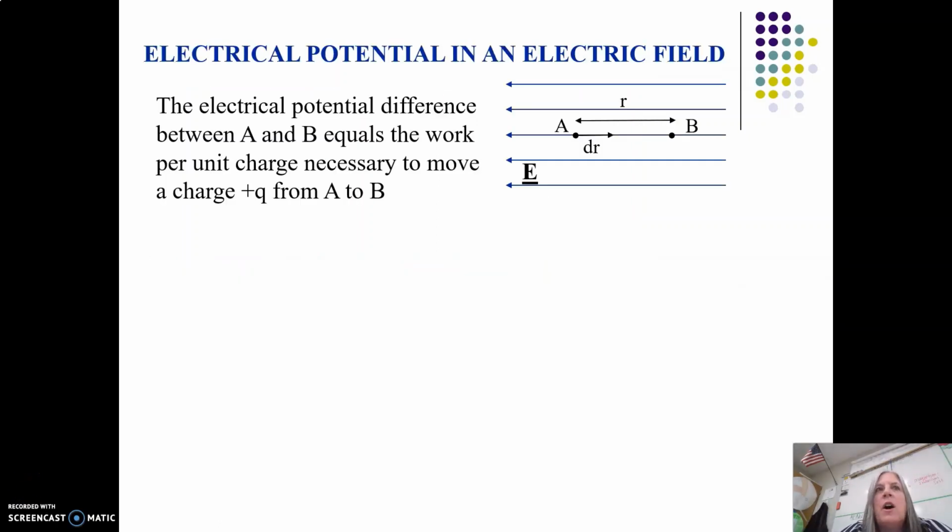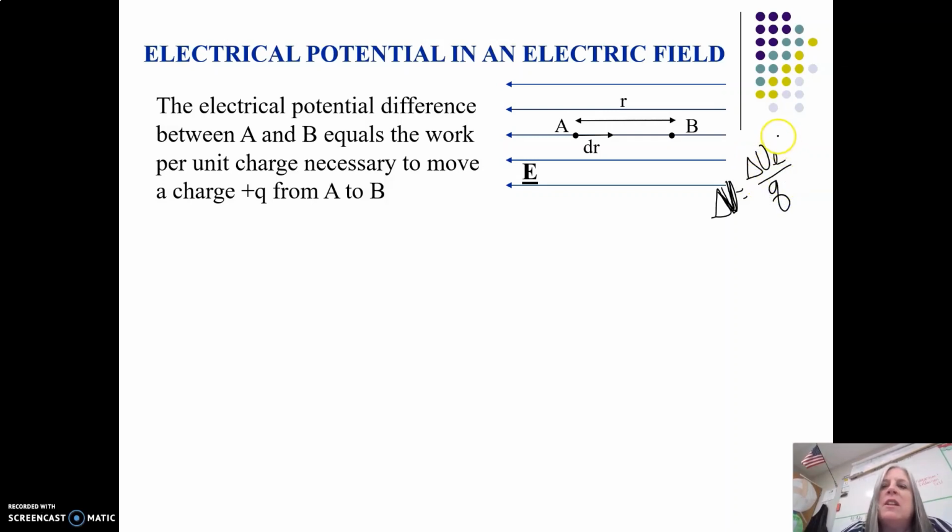Just like previously, when we talked about the electric potential energy in terms of the electric field, we can do the same thing for the electric potential difference. So the electric potential difference between A and B is equal to the work done per unit charge to move the charge from A to B. We just said that the electric potential, oops, that's supposed to be a V, is the change in the electric potential energy per charge.